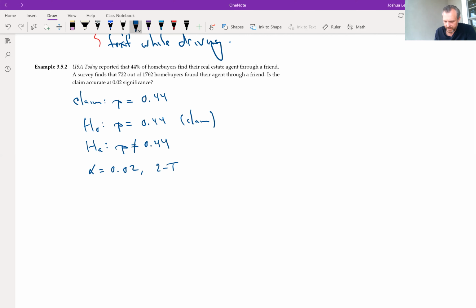We have a two-tailed test. So let's draw this. Remember, there's going to be an area of half an alpha in each of these tails, half alpha, right? Here is my fail to reject region.